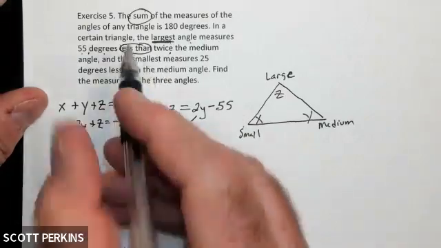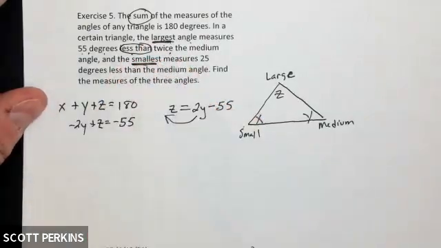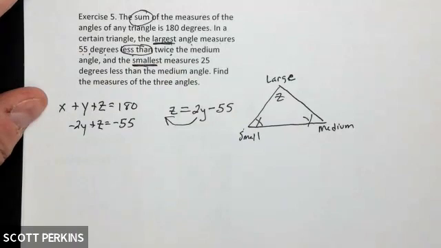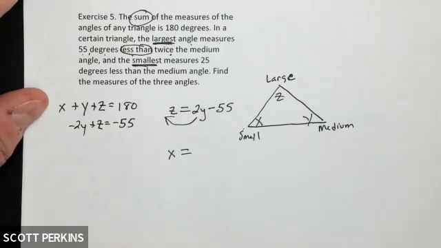Okay, the last one, it says the smallest. So again, I'm going to stop. Whatever letter you used for smallest, you should start with. I used X for smallest, so I'm going to start. The smallest measures, so the smallest is equal to 25 less than the medium. So what's 25 less than the medium according to my letters right here?